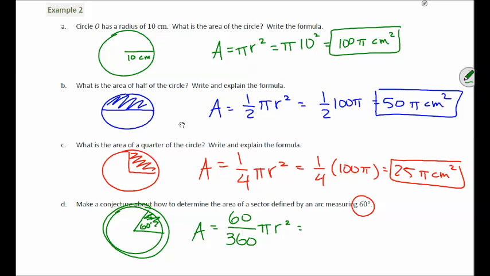And so that would be 1/6 times 100 pi, which is 16.6 repeating pi centimeters squared.